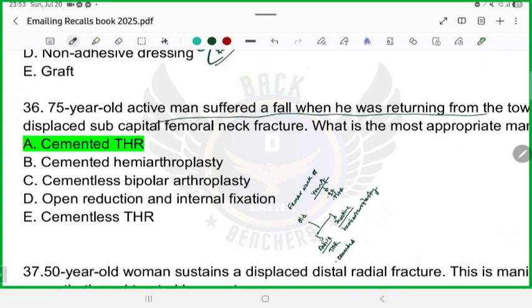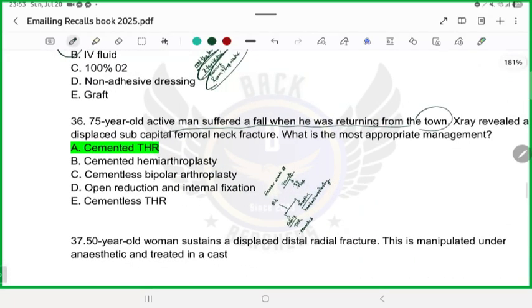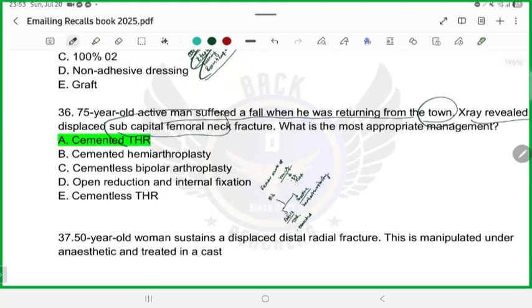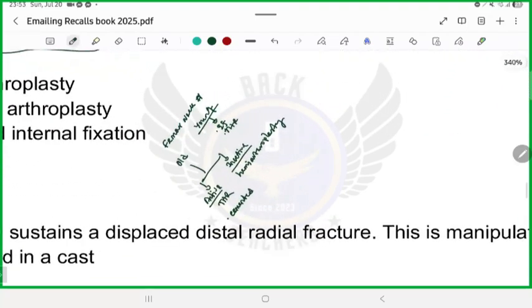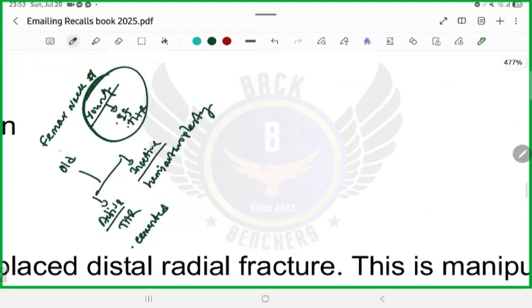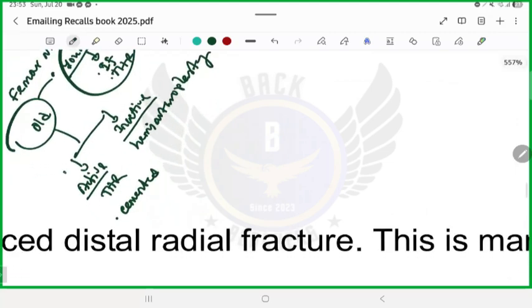75-year-old active man has suffered a fall. He was returning from the town. X-ray revealed a displaced subcapital femoral neck fracture. Simple and easy. In case of subcapital femoral neck fracture, you will have only these two scenarios: old or young. If young, you can do internal fixation because he is young. In old, you will get two scenarios. One is active, one is inactive. Who is active plays golf. That means he's active. He's good.